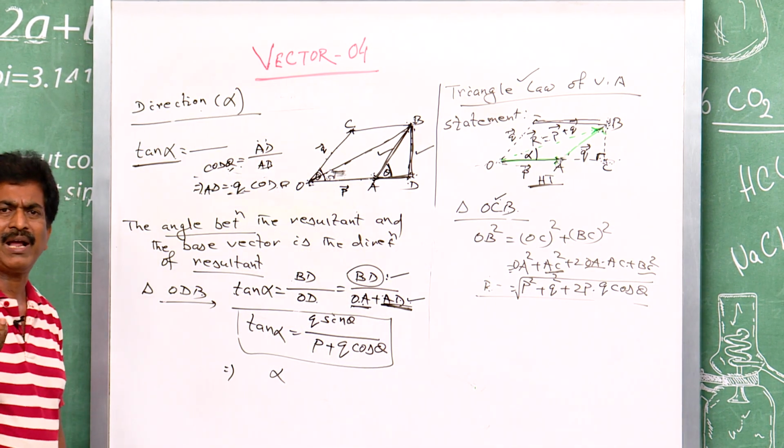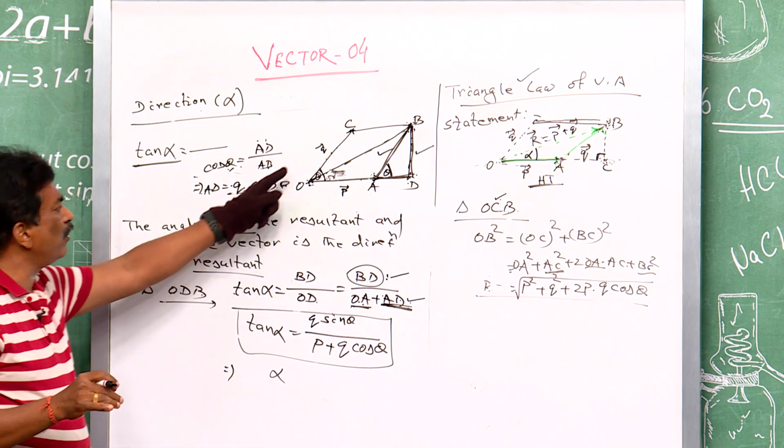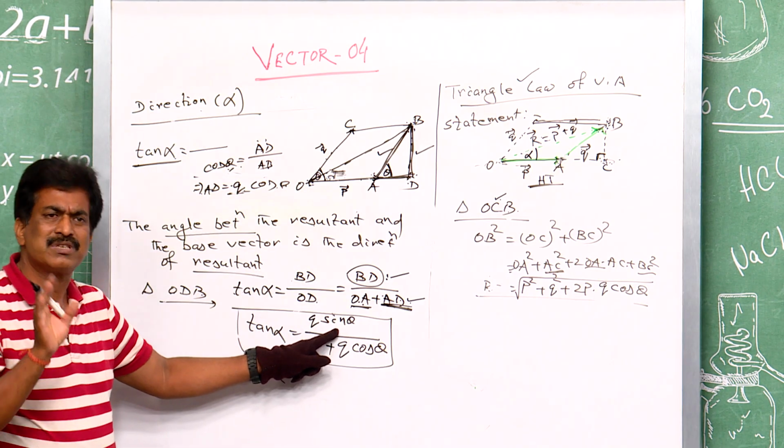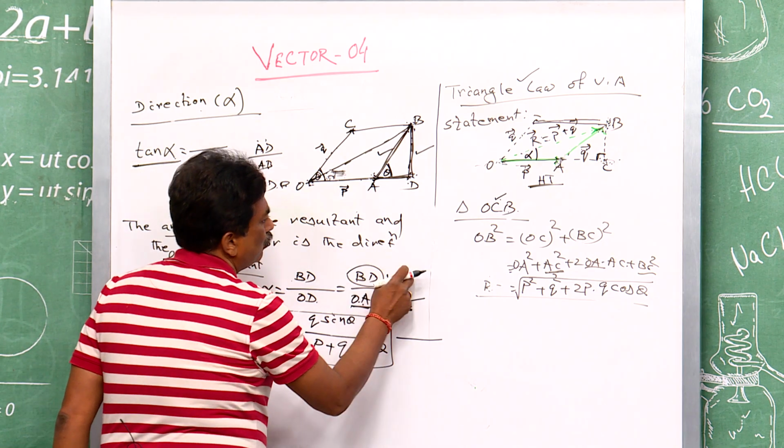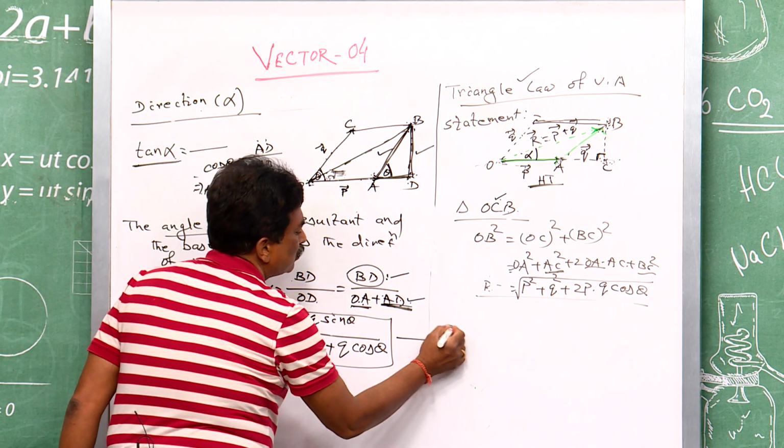Whatever the angle is called, the formula will be the same. So tan alpha will be this one. That is 1, 2, 3, 4, and this is 5.